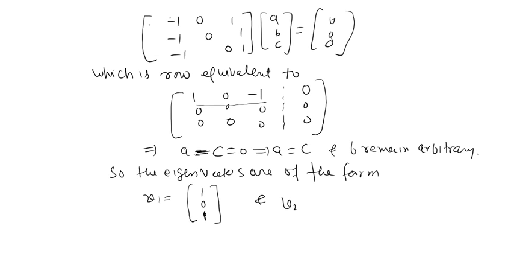And second, you take A and C both 0 and take B equal to 1. And you can check, they are linearly independent.